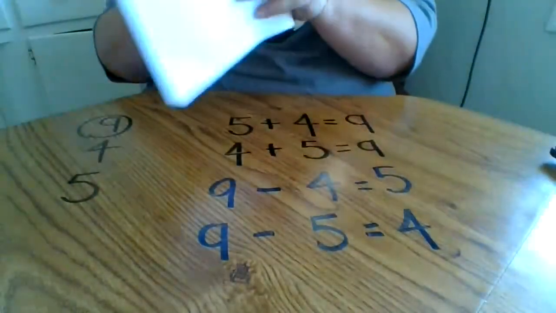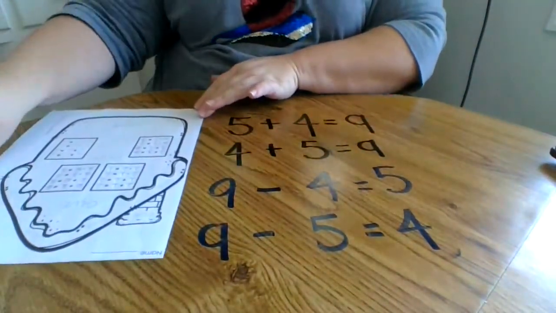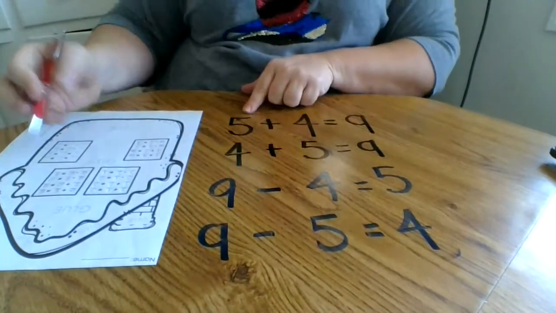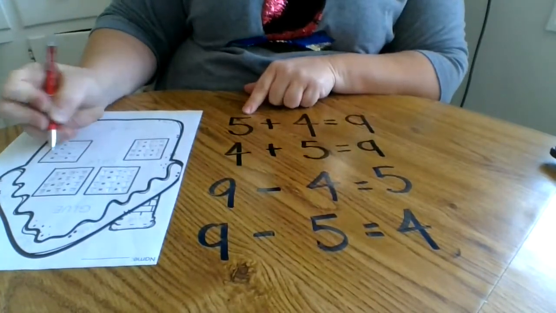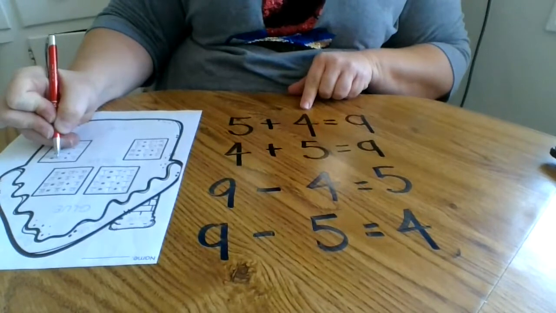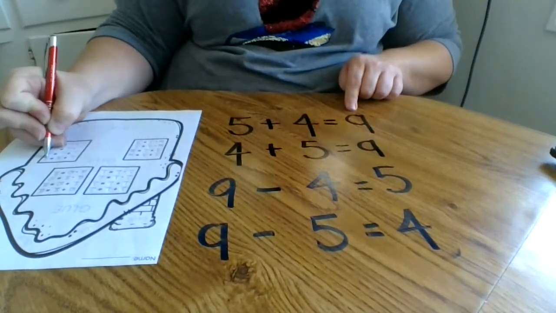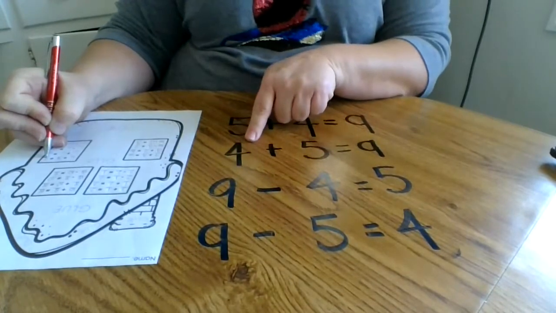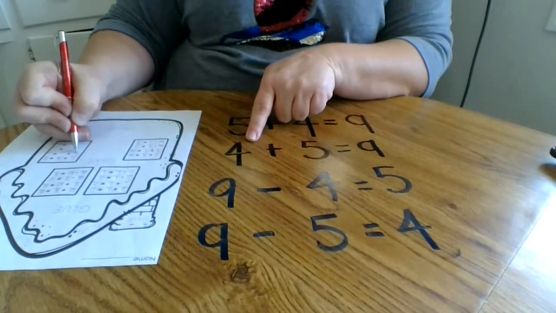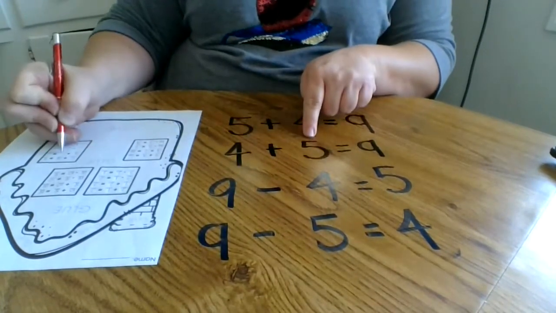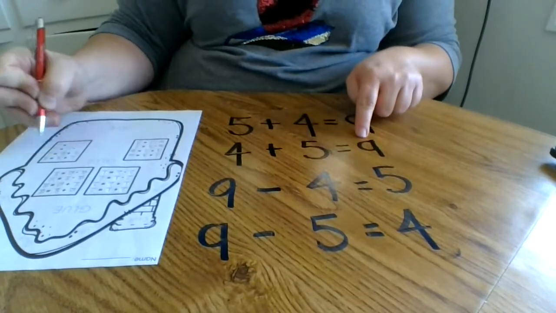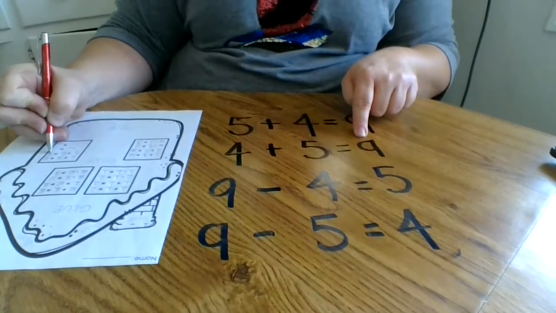So let's go ahead. Let's start writing those facts. We have the first one, 5 plus 4 equals 9. I have to write the next one. 4 plus 5 equals 9.